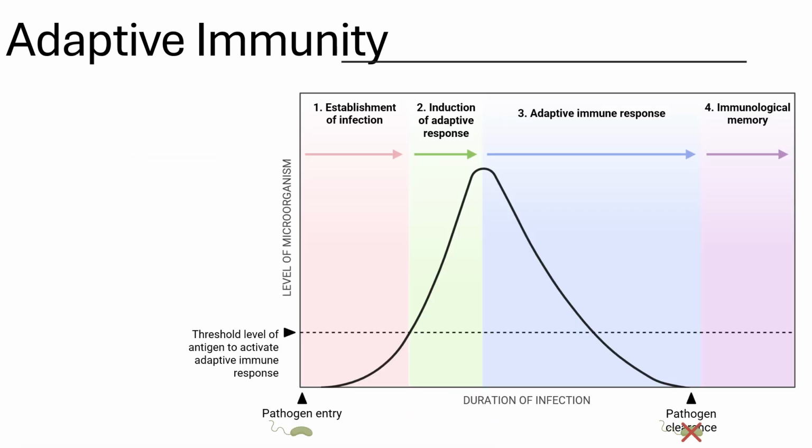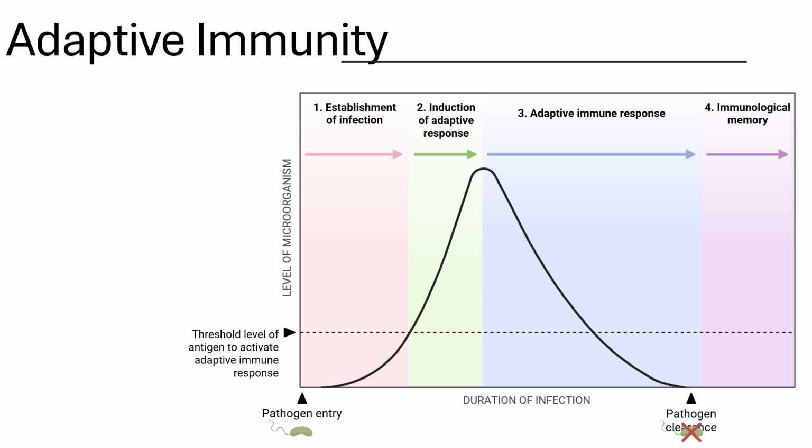There are four very general phases of adaptive immunity that reflect more specific cellular processes that are happening, mostly in the lymph nodes, but elsewhere. First, the pathogen has to gain entry, and it has to pass destruction by all of those innate defenses, fever, macrophages.